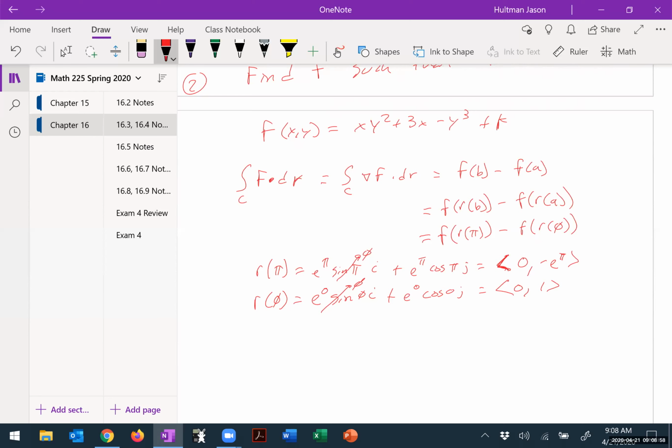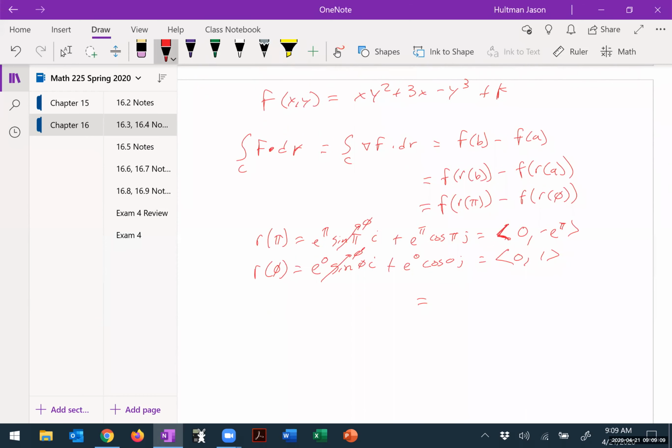Now let's evaluate f of r. This is a parenthetical thought to get those guys. This is equal to f of 0, negative e to the pi minus f of 0, 1.